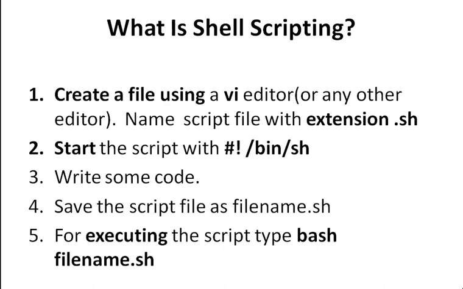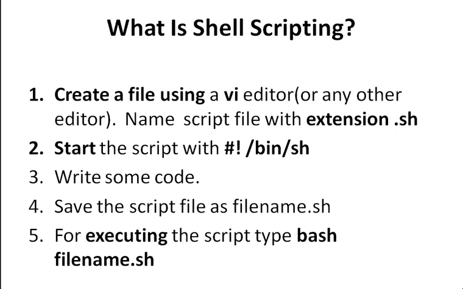After vi you write the name of the file. For example, if you have named the file extension, then you have to write extension.sh. .sh is the extension of the file in shell programming. As you write filename.c in C programming, and filename.cpp in C++, in shell programming we will write filename.sh. So first step is on the prompt write vi space then filename.